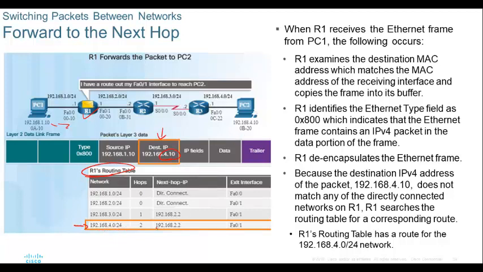The 192.168.4.0 network is 2 hops away. You see, 1, 2 hops away. If you go 2 hops, you will find it, and the packet needs to be sent to the next router, 2.2, and it has to be delivered, or sent out, via this interface F0/1.